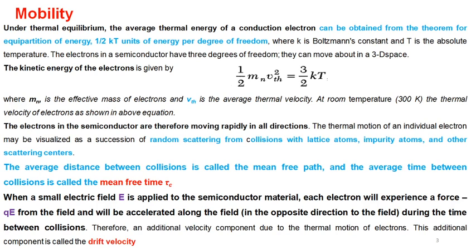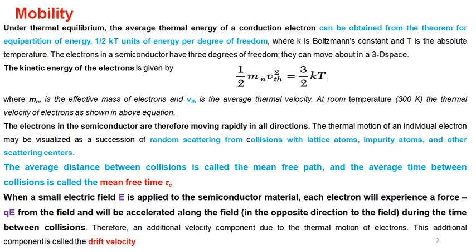Then the electrons move inside the semiconductor when we apply a condition, for example the thermal condition here. We can visualize this thermal motion of an individual electron inside the semiconductor: it moves randomly, with random scattering from collisions.